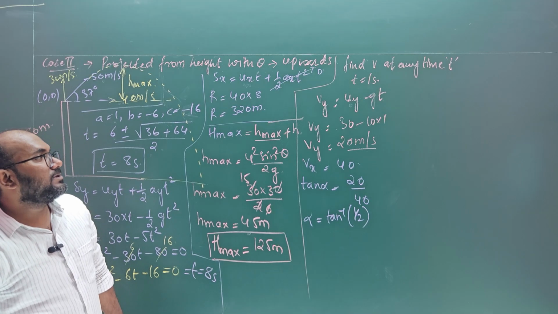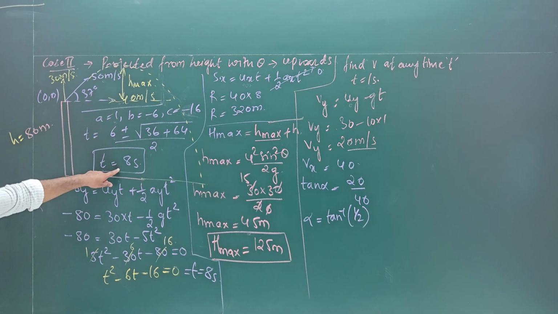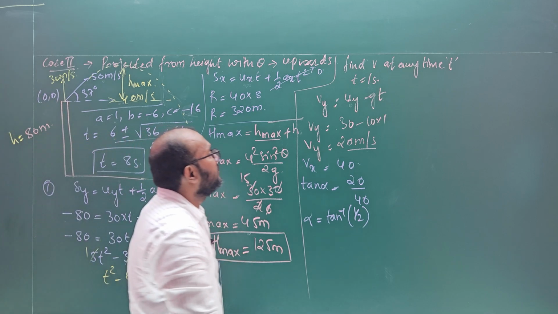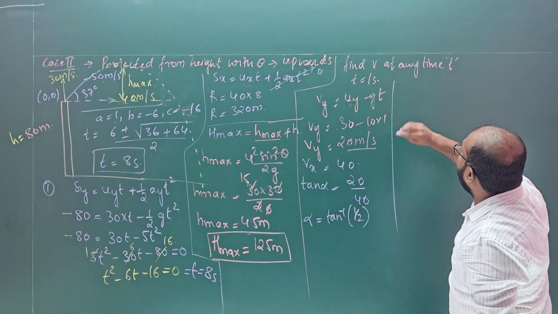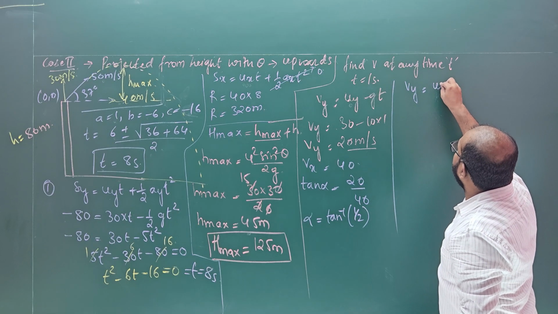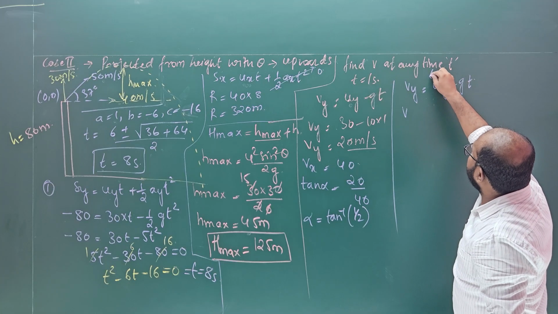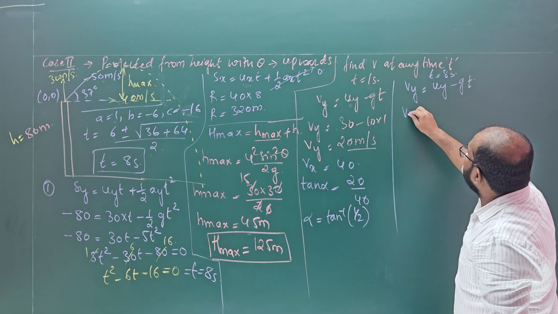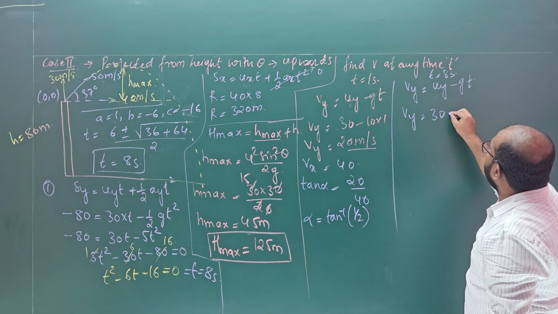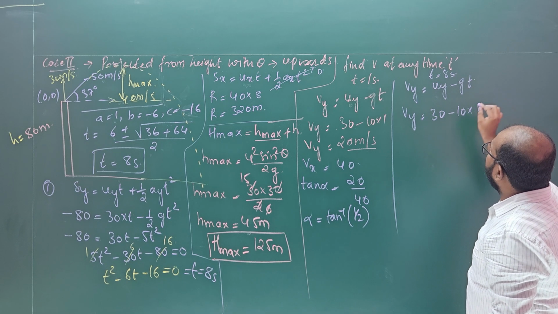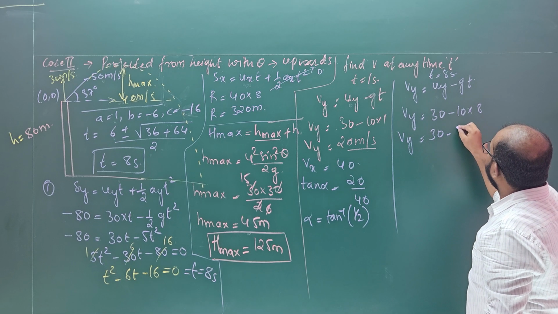Yes. Similarly, consider it is taking how many seconds? 8 seconds, na? Let's say find that at 8 seconds. So can I say that Vy is nothing but Uy minus gt again, and we are finding here for t equal to 8 seconds. So Vy is equal to, Uy is how much again? 30. 30 minus 10 into 8. So Vy is equal to 30 minus 80.